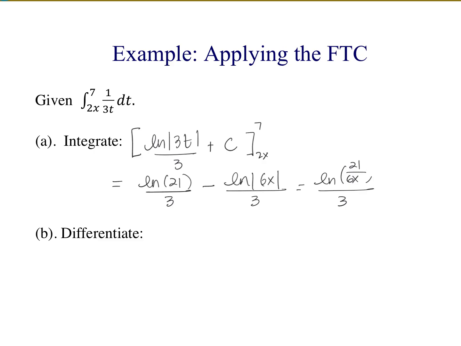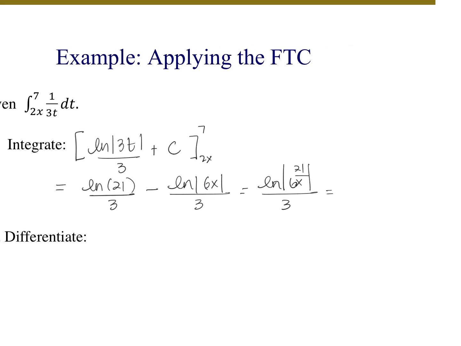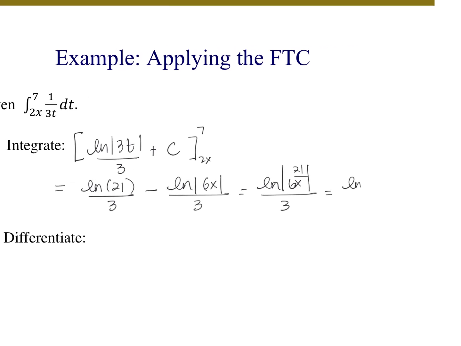And so then I should here as well. So this can reduce to the natural log of 7 over 2x, the whole thing over 3. Okay, just reducing. So those are the only legal things you can do.